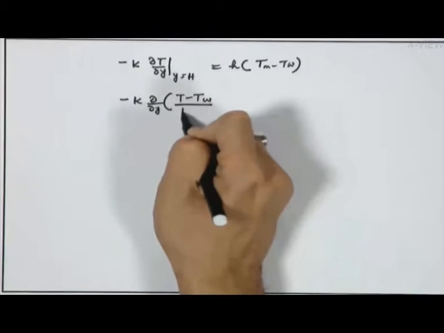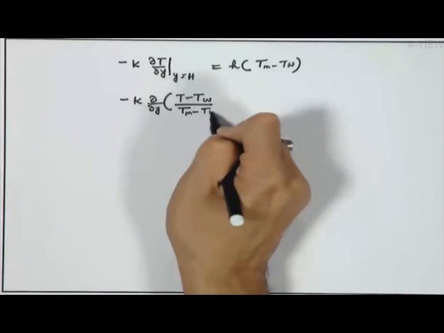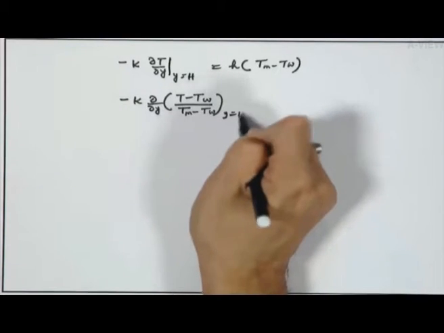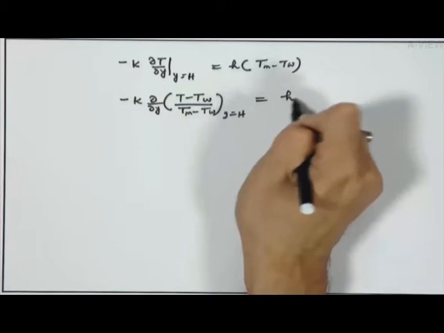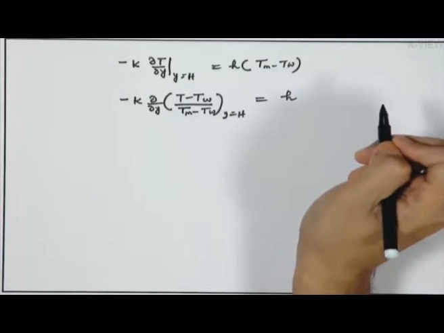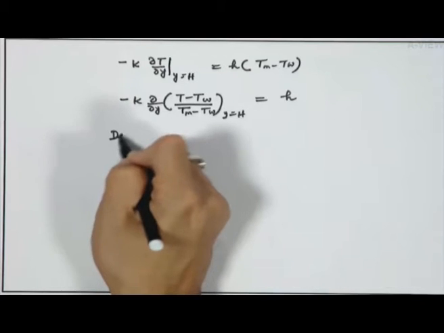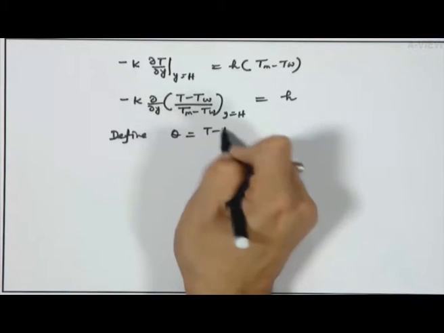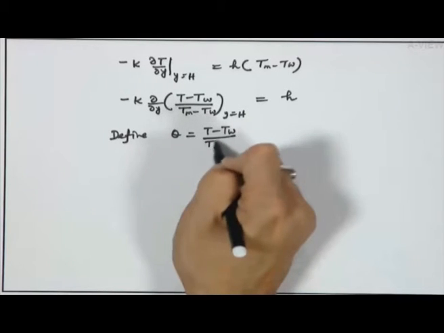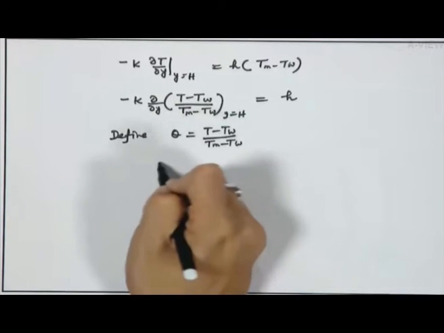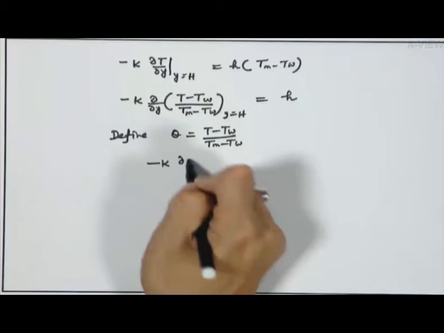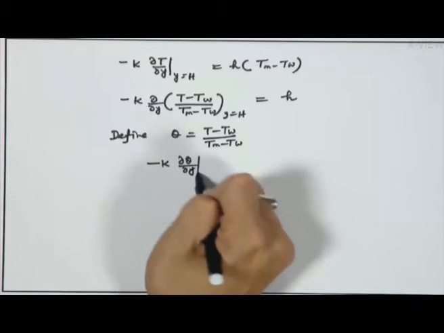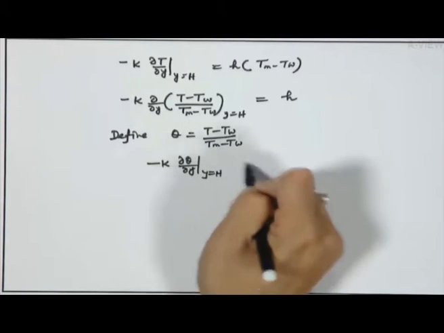T minus T wall by Tm minus T wall at y equal to h is equal to h. So, if you now define theta is equal to T minus T wall by Tm minus T wall, then you can write minus k del theta del y at y equal to h is equal to h.